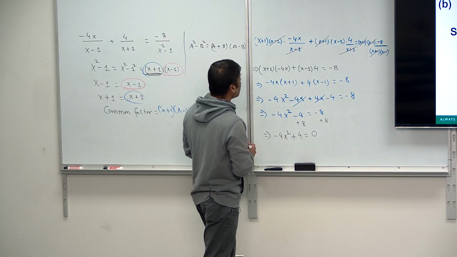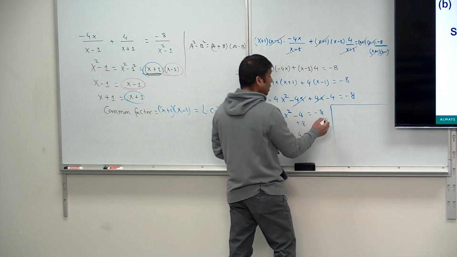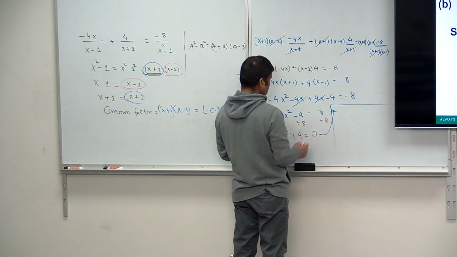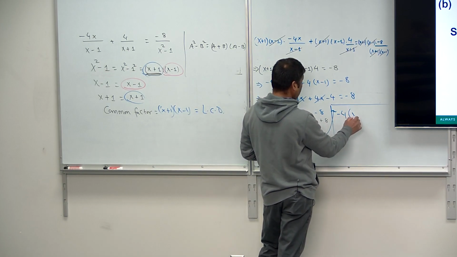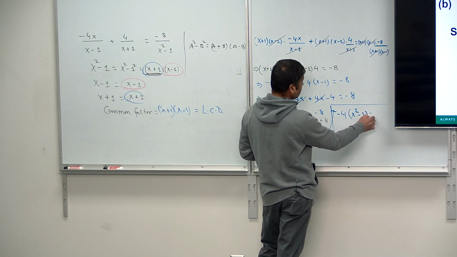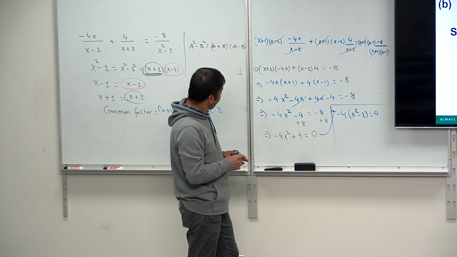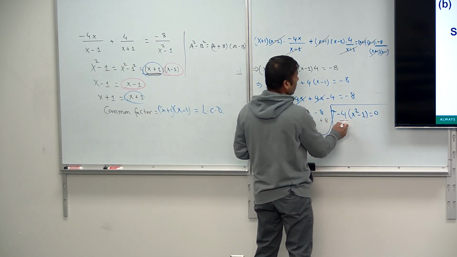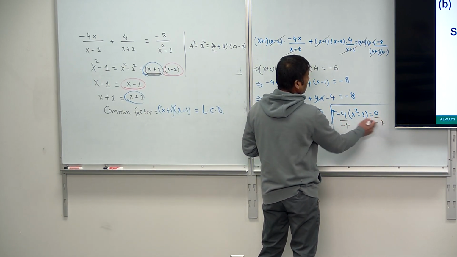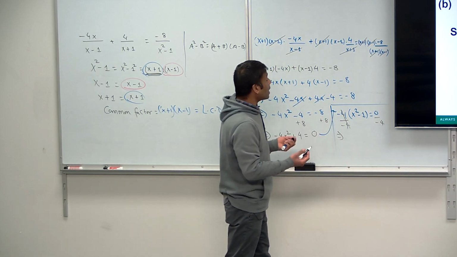So you factor out negative 4, let me write down here. If you factor out negative 4 from here, then you'll have x squared minus 1 equal to 0. Then you divide both sides by negative 4. So you cross them out. Or you can simply do like this.